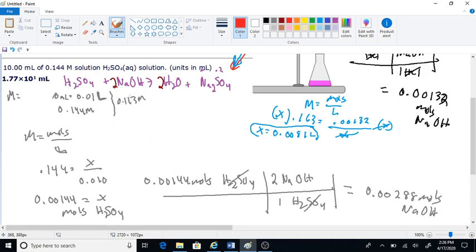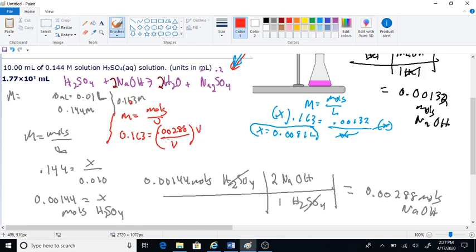Now we can go back up to here. This is 0.163 if I recall correctly. We're going to fill in again: molarity equals moles over volume. 0.163 equals 0.00288 over V, volume.